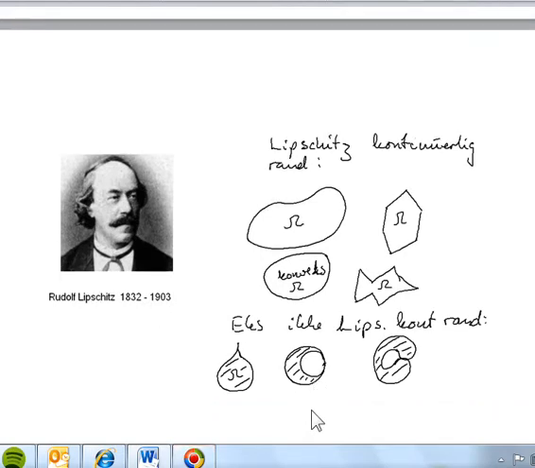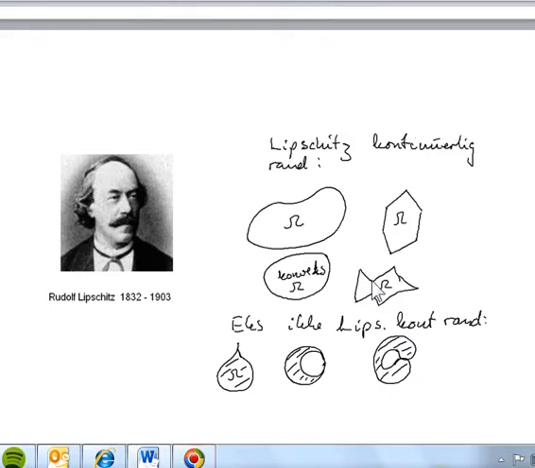Now we are going to consider the concept of Lipschitz continuous boundary. We are not going to go into detail here, but let's just show you some examples of bounded subsets of Rn which have Lipschitz continuous boundaries. All these are examples of subsets with Lipschitz continuous boundaries.